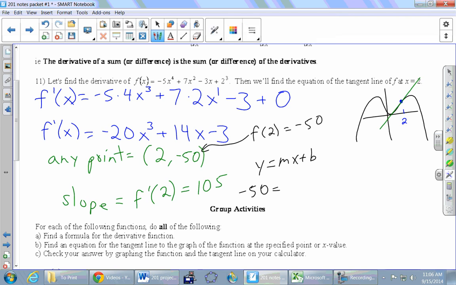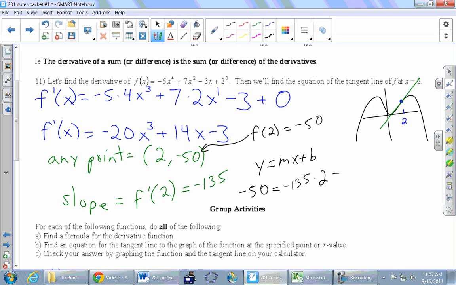Can anybody confirm 135? Negative 135. Just in the nick of time. Okay, so slope is now negative 135. What's the only x coordinate we have? 2. What's the b? I don't know. That's what we're trying to find out.